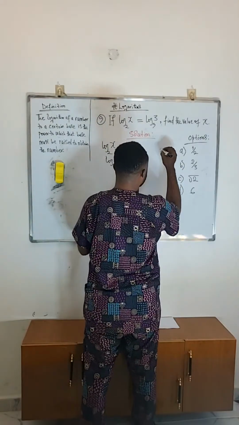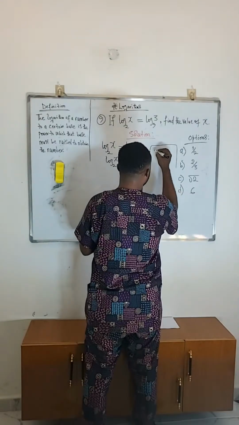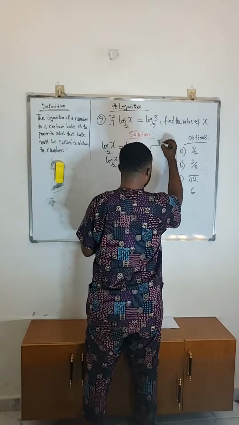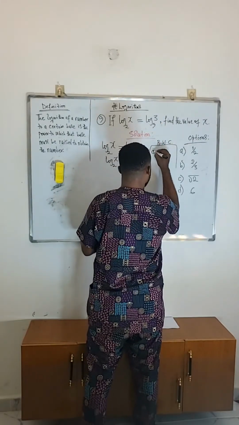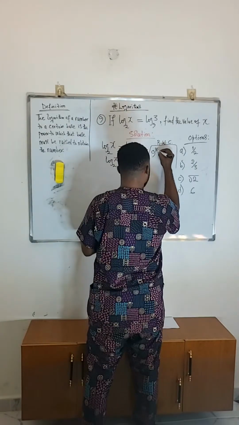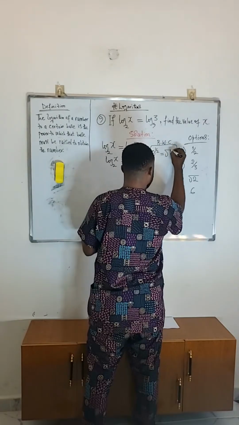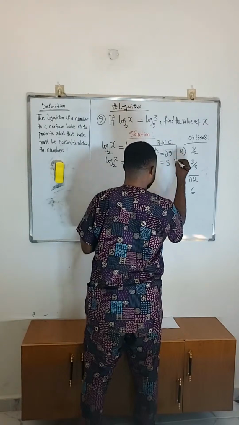Let me find a place to form a rough work column. I believe you know this is my rough work column. Okay. I believe you know that 9 raised to the power of 1/2 is the same thing as the square root of 9, which is what? 3.